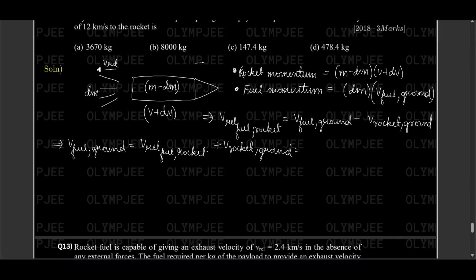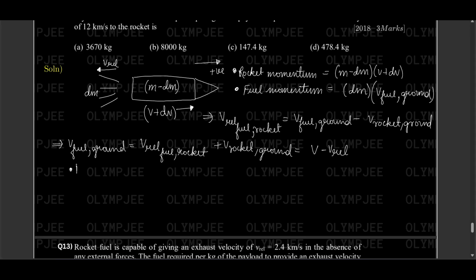Since we are taking this direction as positive, and the velocity of rocket is also in this direction, this vrel will be relative to the velocity before this became v plus dv, because the fuel has been ejected before this became v plus dv. It was ejected when this was v. So I will write the velocity of rocket as v, and the relative velocity is in the opposite direction, so minus vrel.